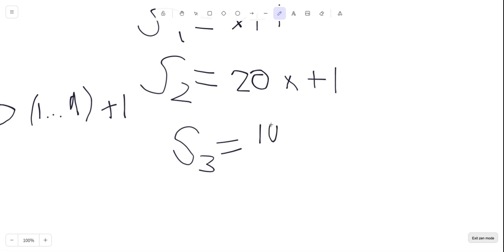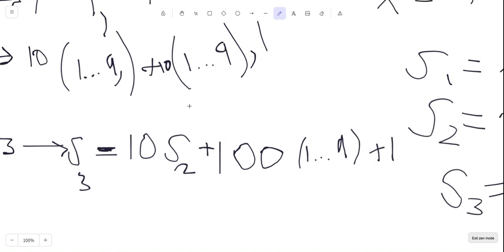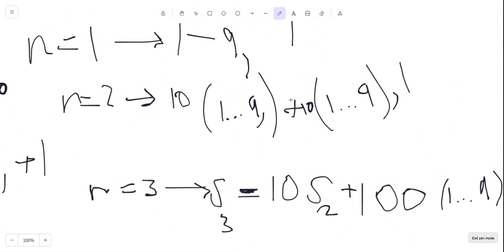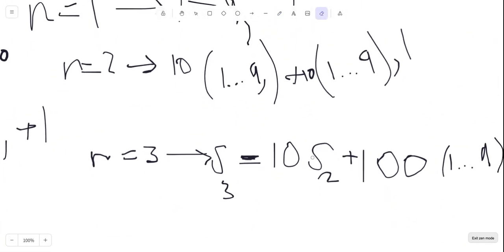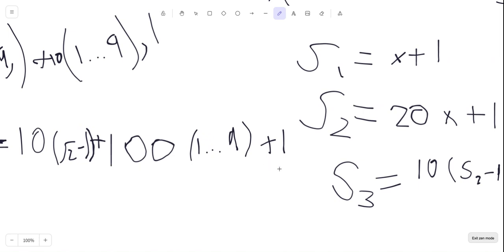So 10 times, for 10 of each 10 of the hundreds, S2 minus 1. And then for each of the hundreds, we have 100 of those, and then that extra 1.